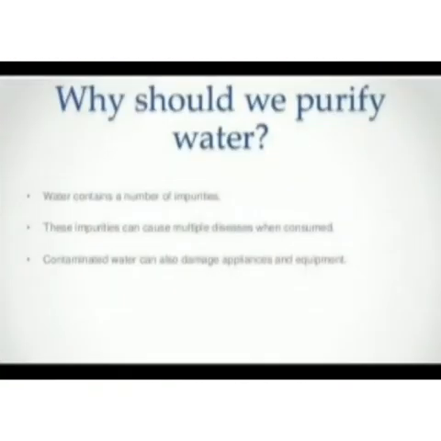Now, why should we purify water? Because water can contain a large number of impurities. Those impurities can cause many diseases when we consume it. Also, if we use contaminated water for our daily purposes, it will damage appliances and equipment.